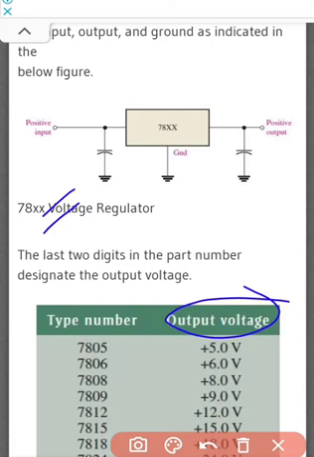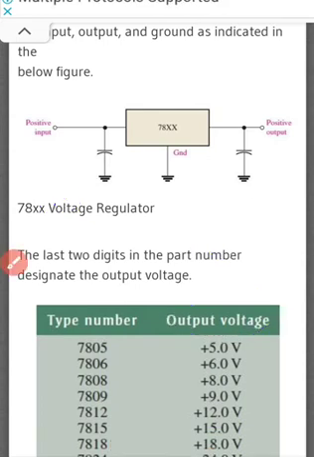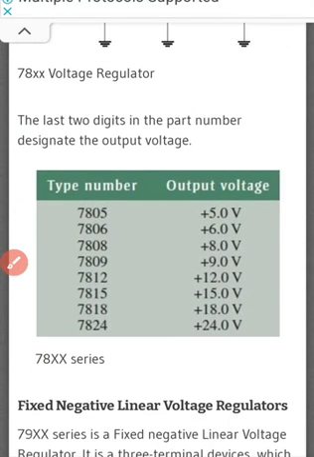If it is 7810, the output voltage is 10 volt, as you can see from the tabulation below. 7812 means the output voltage is 12, and 7818 is 18 volt. It is a four-digit series: 78 is the batch name, and the last two digits show the output voltage, what voltage should be given out from the integrated circuit in order to make a constant voltage supply.